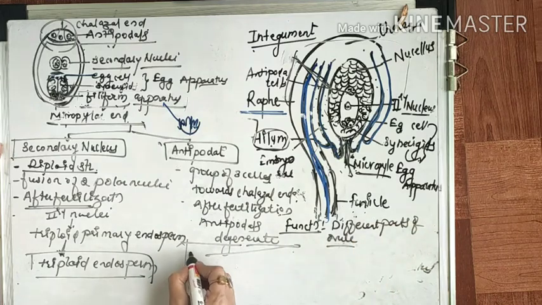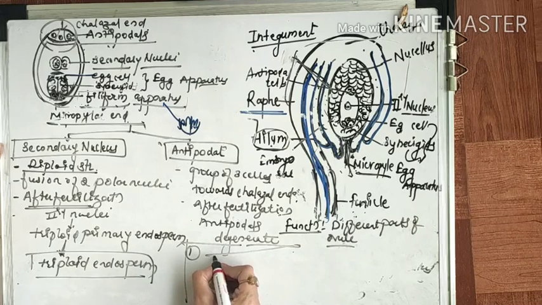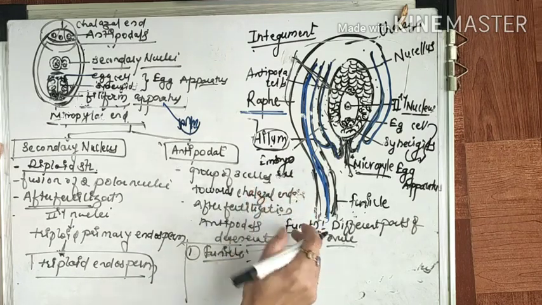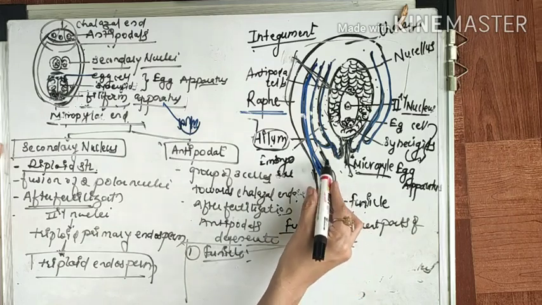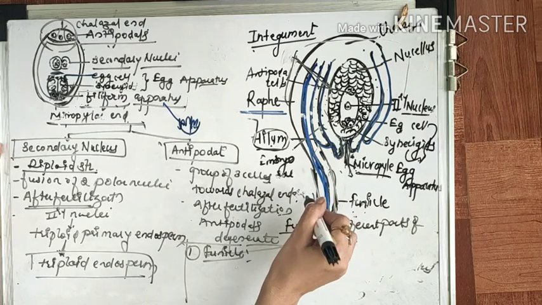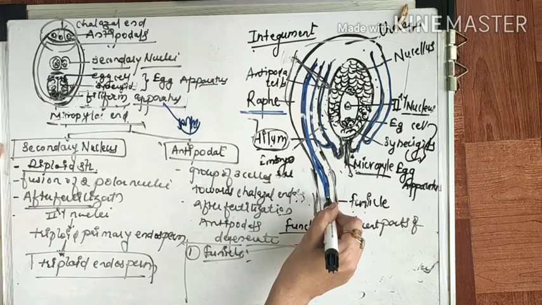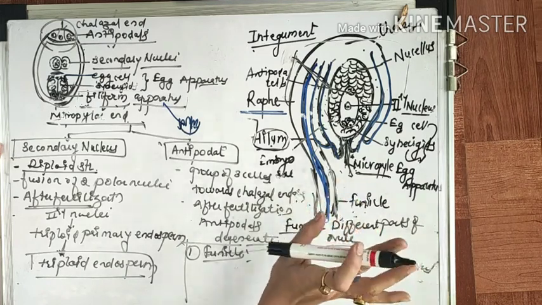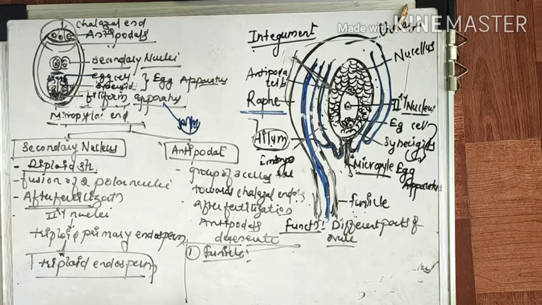Here the first part is called the funicle. You can see that part. That part is called the funicle, or funiculus, or the stalk. What is the role of it? It attaches the ovule to the placenta, right? What is the first role of the funicle?